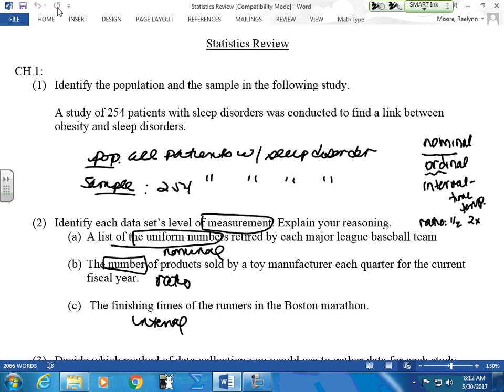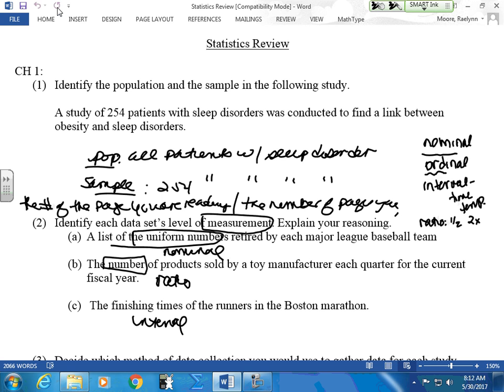Also be careful with, here's the tricky one, the number of the page you are reading versus the number of pages you read. What's the difference between that?